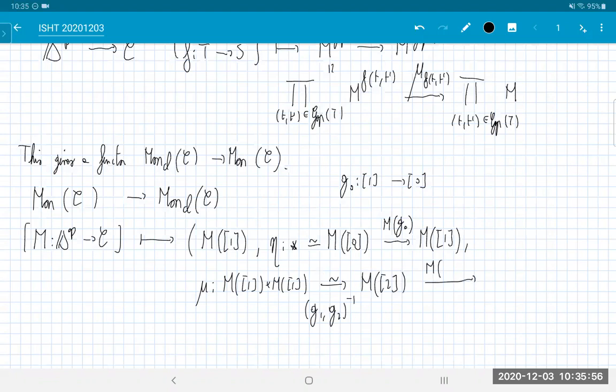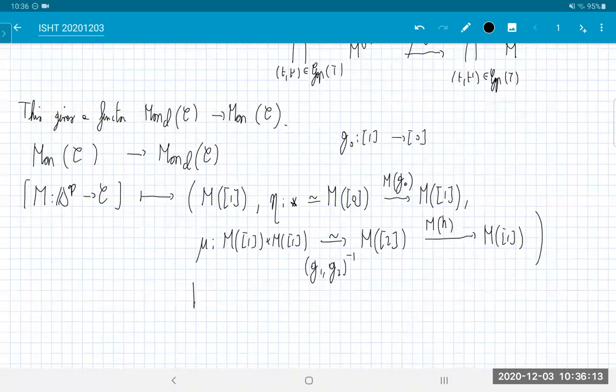And then I take M of, what did I call it? Oh, I didn't give it a name. Okay, let me call it M of H, where H is exactly this map that I described before, sending 0 to 0 and 1 to 2. So the two gaps of 2 get collapsed in one gap of 1. And so that's implementing the inverse.